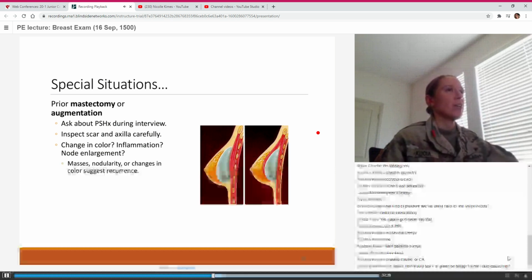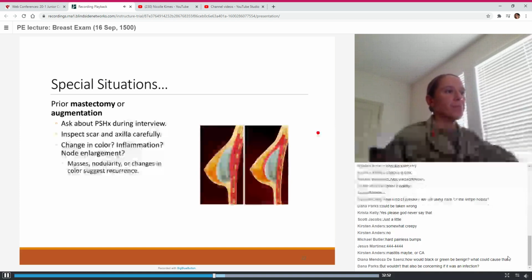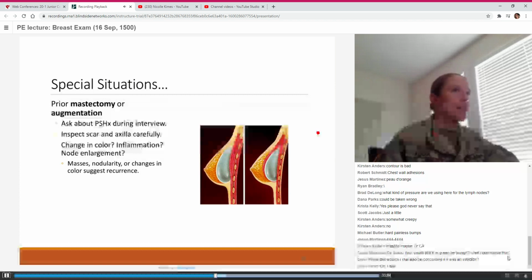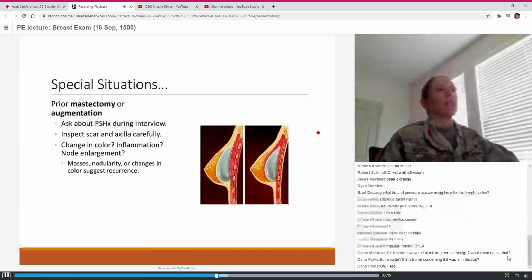You would want to think more of mastitis if it's in a couple different ducts, right? You've got a regional little infection versus something growing in a duct. It would be concerning, but not so much for cancer. And yes, you would still take a sample and send it, but you wouldn't be quite as concerned for cancer. That being said, you would still order follow-on tests, right? Absolutely. By concerning, we mean concerning for malignancy in this case.